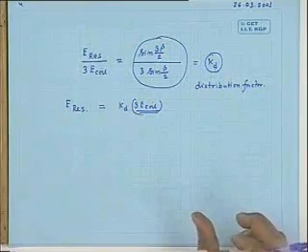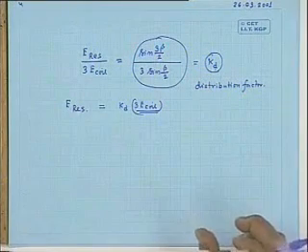That is, the moment you distribute the coils, you get lesser voltage.